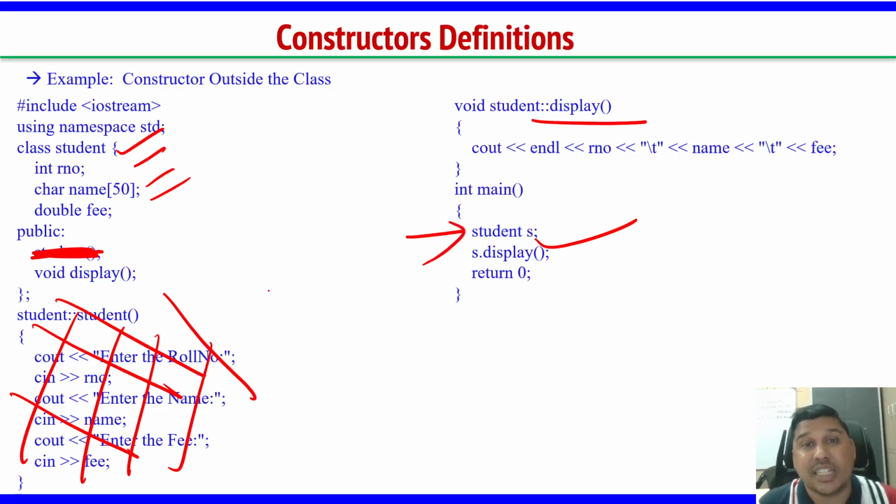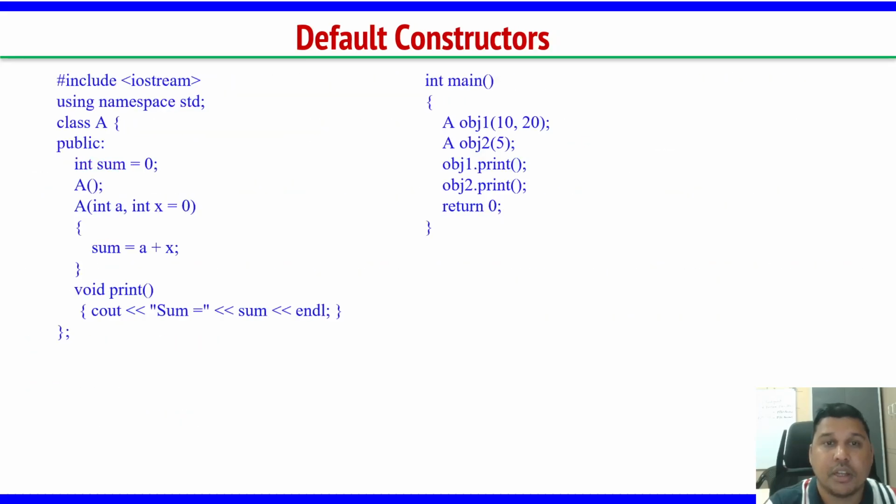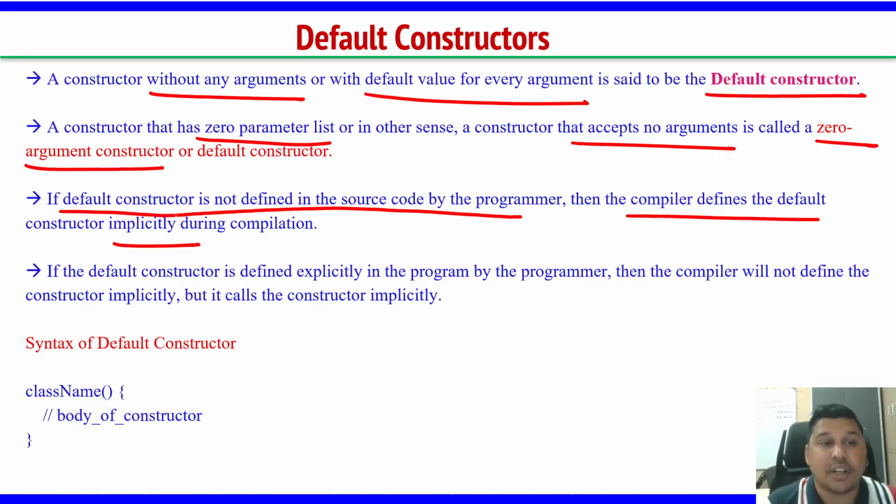A default constructor is implicitly created by the compiler, something like this: student, open, close, that's it, nothing else. It is implicitly created and executed. It is a very important point in default constructors: if it is not defined by us, then the compiler defines the default constructor during the compilation phase.